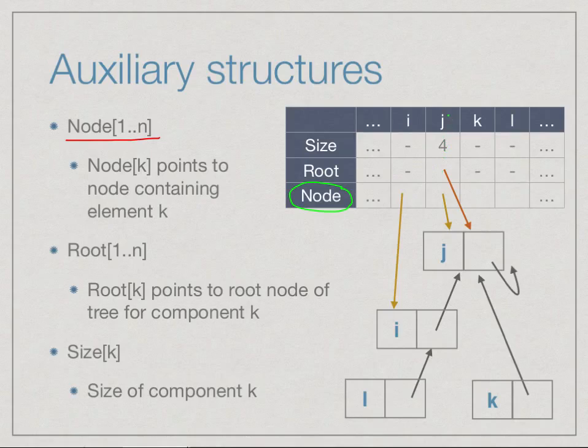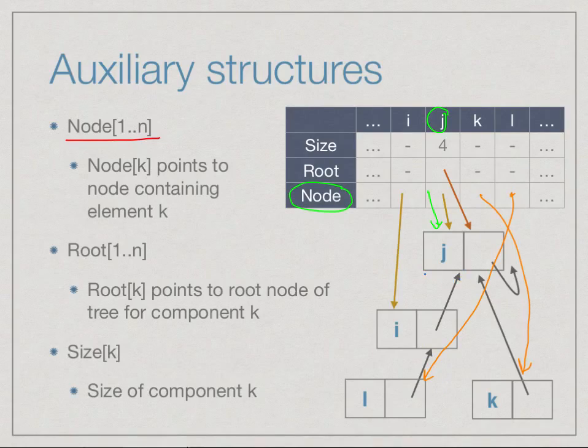Entry J says that node J is here, and so on. So there will correspondingly be an entry which says that node K is here, and node L is here, and so on. So every element in our actual set will have a pointer from this node array to the actual node in the tree, or the set of trees, the set of components, the actual node where that value lies.